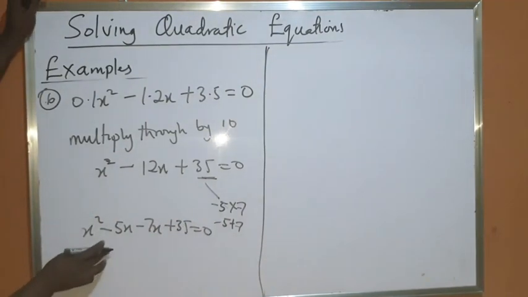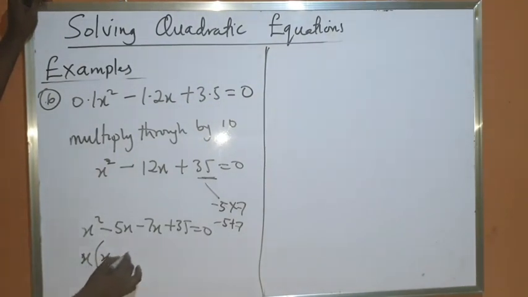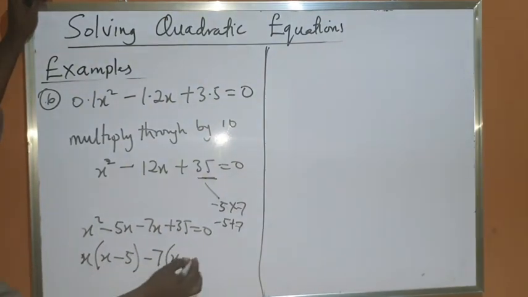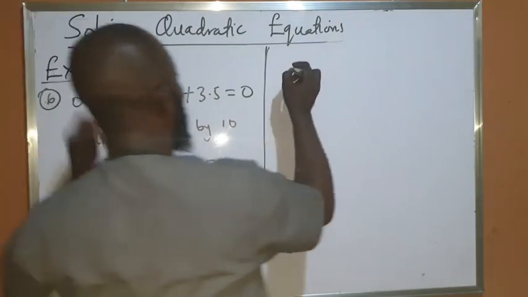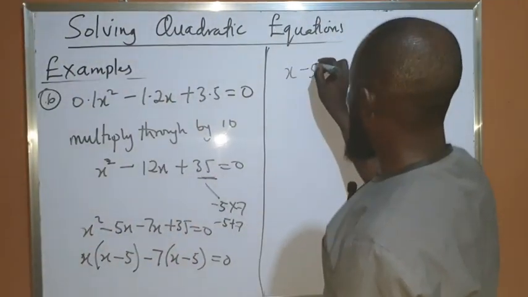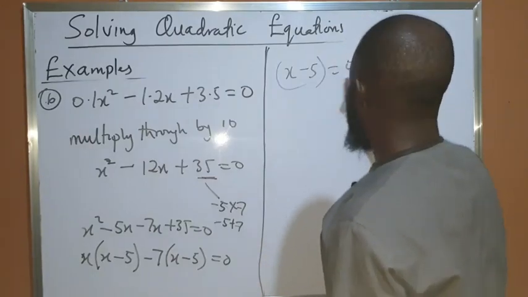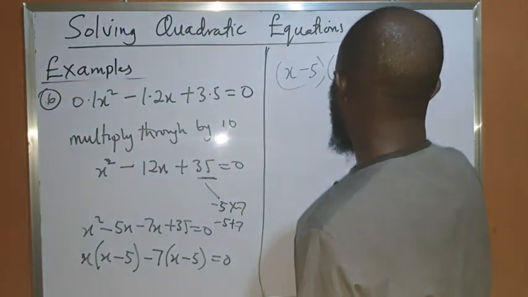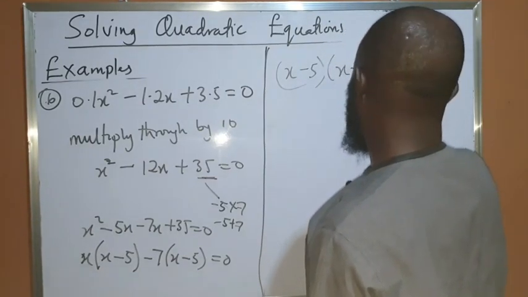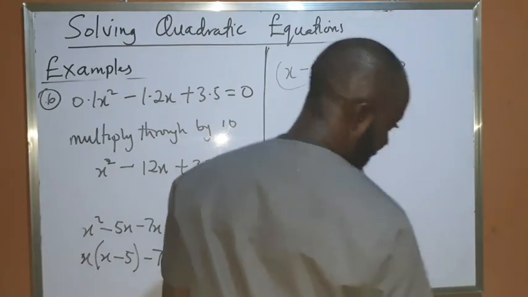So we factorize this. What is common here is x. The highest common factor is x into x minus 5, right? So what is common is minus 7 into x minus what? 5. 35 divided by minus 7 equals minus 5. So you can see we have the same thing in brackets. So that means we are going to have x minus 5, and x minus 7, everything equals to 0.